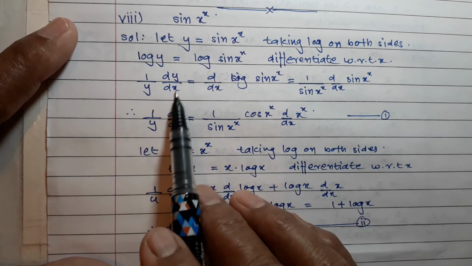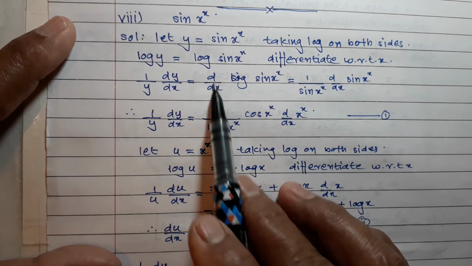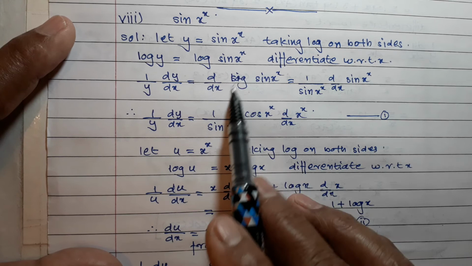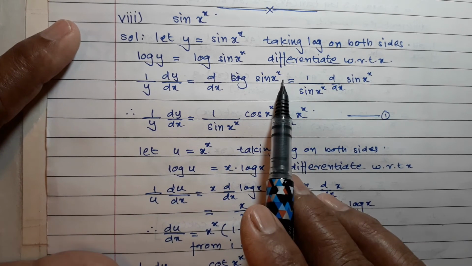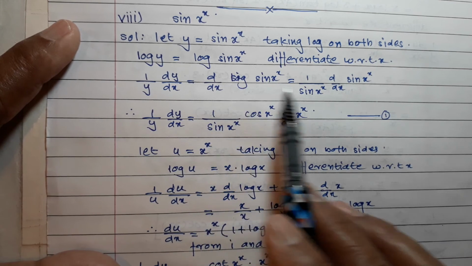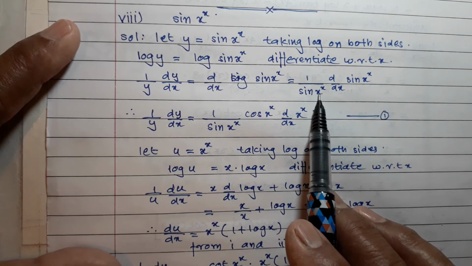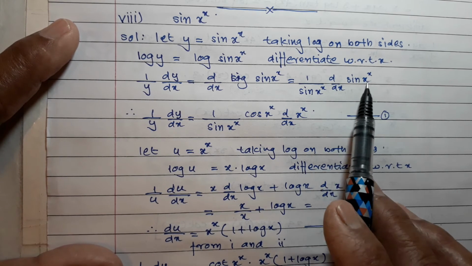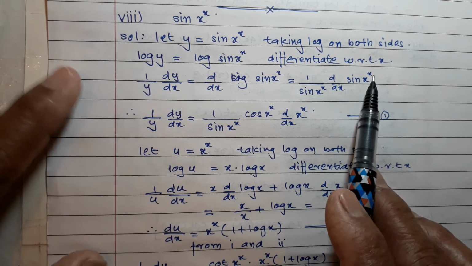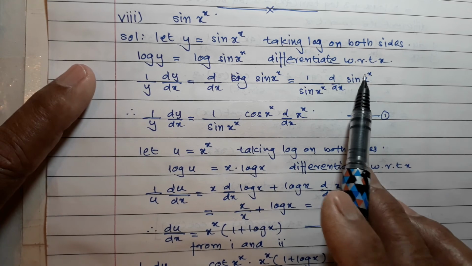1/y dy/dx = d/dx of log (sin x)^x. So the derivative of log is 1 upon (sin x)^x, and then the derivative of (sin x)^x, this you differentiate.